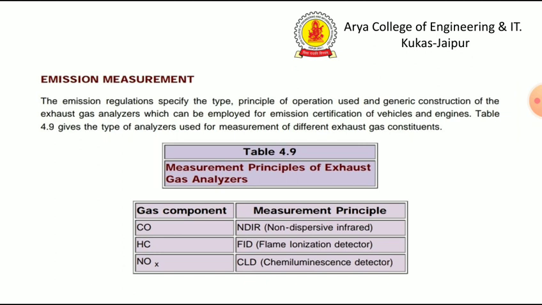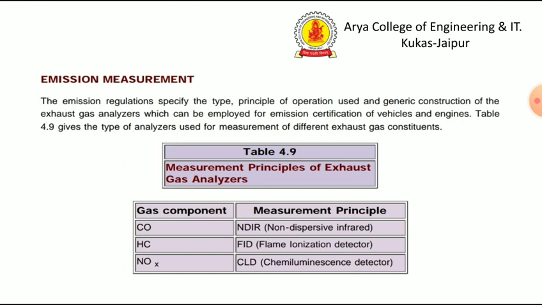The emissions regulation specify the type, principle of operation used and generic construction of the exhaust gas analyzer, which can be employed for emission certification of vehicles and engines. Here are the measurement principles of exhaust gas analyzers.